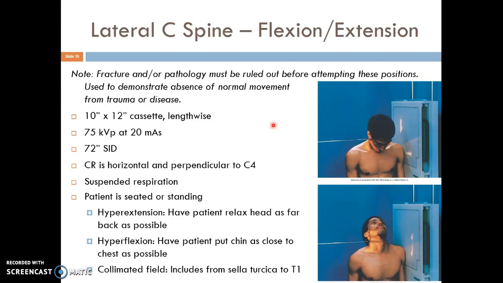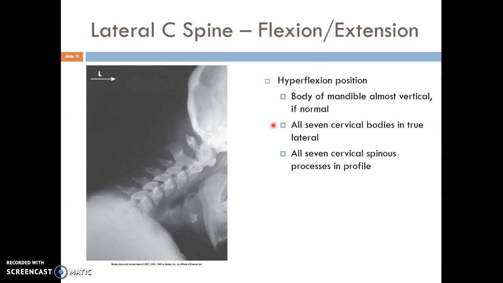Central ray is horizontal and perpendicular to C4. Respiration is suspended. The patient is seated or standing. For hyperextension, the patient relaxes their head as far back as possible. For hyperflexion, the patient's chin is brought close to their chest.